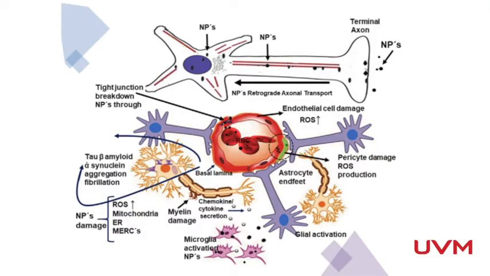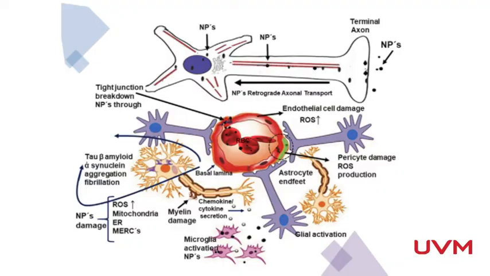This is a cartoon from one of our papers to show you the neurovascular unit, and something interesting, the nanoparticles travel in red blood cells and erythrocytes, and those can be carried to any portion of your body.